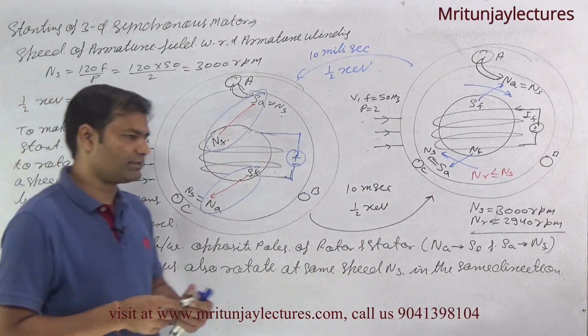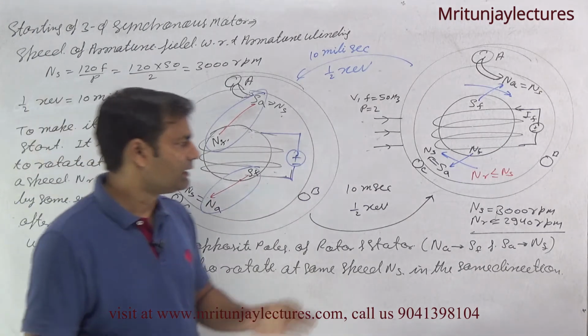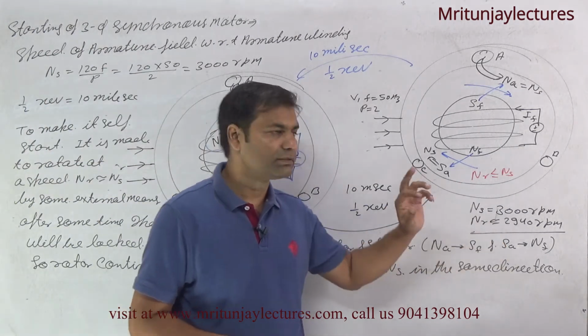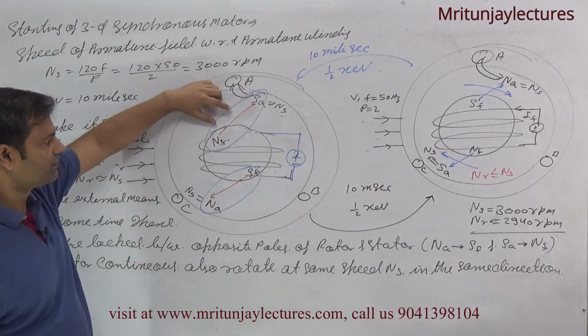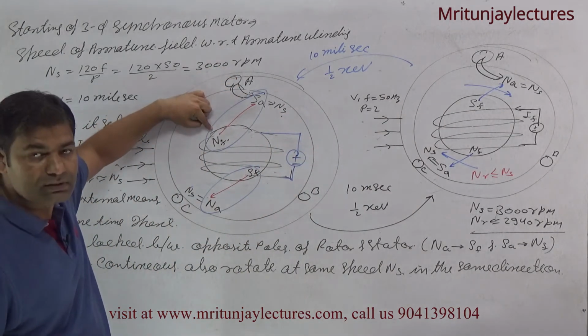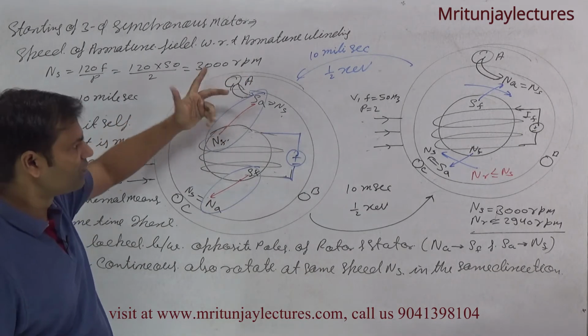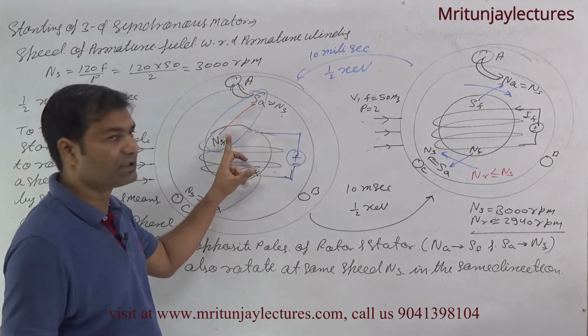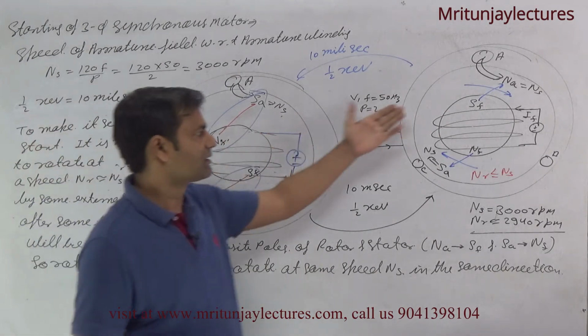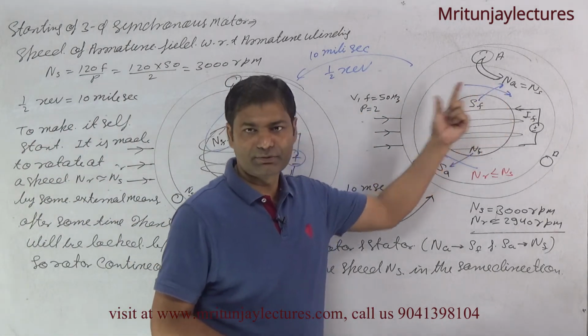If NR, due to some external means, is closer to NS like this one, then after half revolution this position is created. Of course, the distance between this one and this one is large compared to this one.